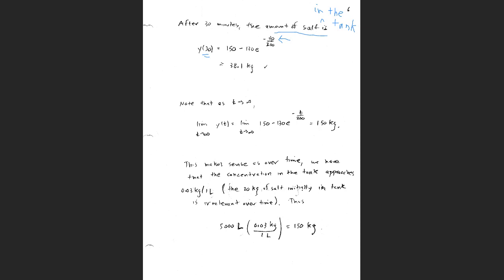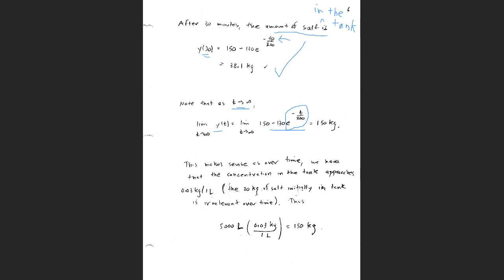All right, so we've solved the problem, but we can make a few interesting comments here. Notice that as t goes to infinity, what would the eventual amount of salt be in the tank over time? Well, if we take the limit of y of t as t goes to infinity, what would happen to e to the negative t over 200?